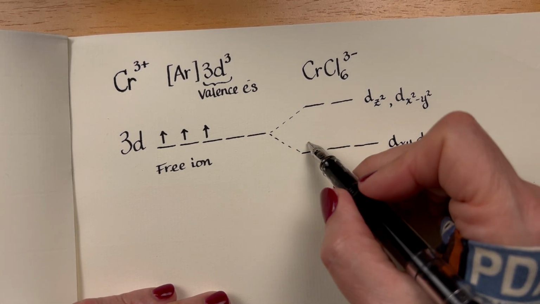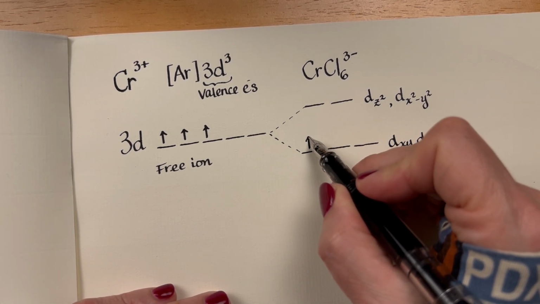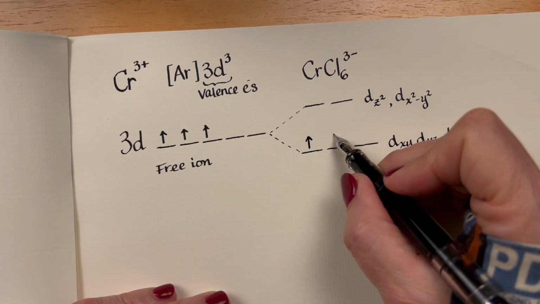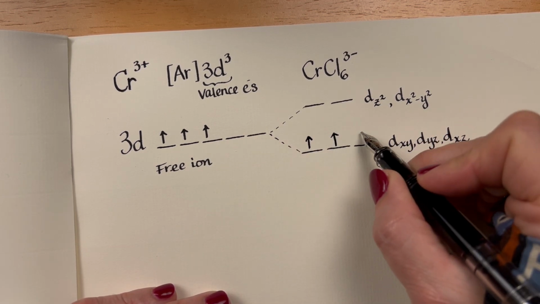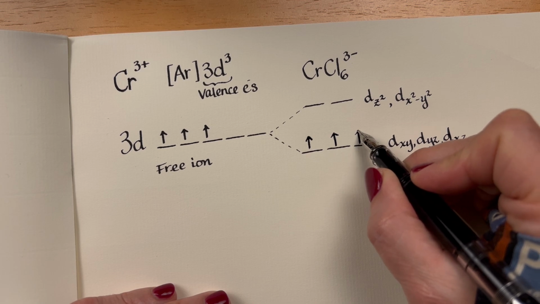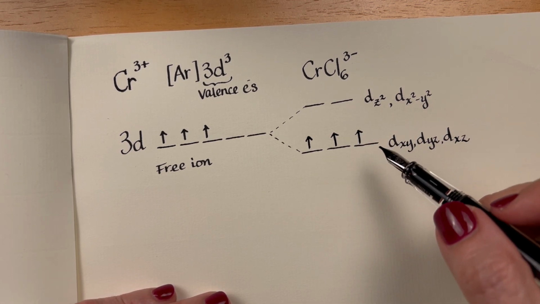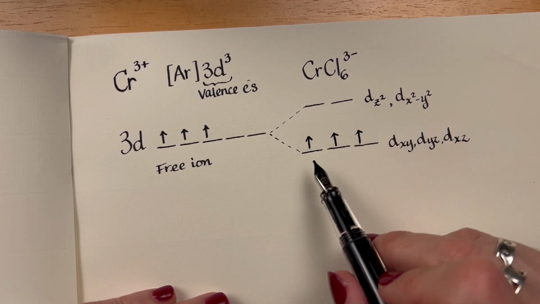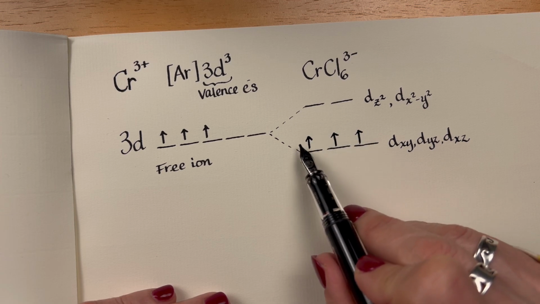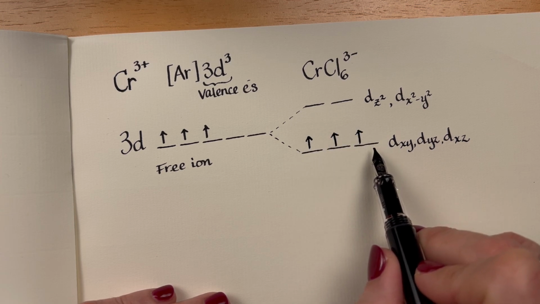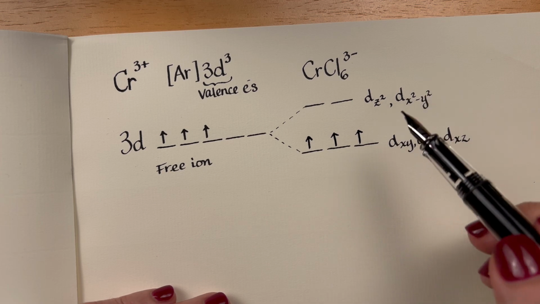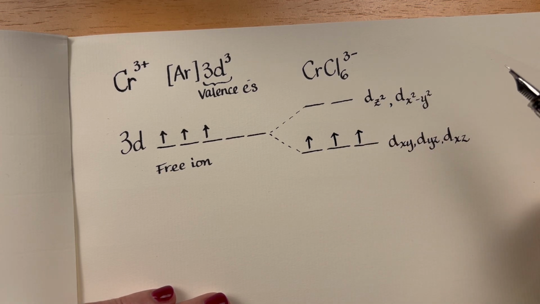Okay. These 3 electrons will follow the Aufbau principle, where they will fill the lower energy orbitals first before filling the upper ones.